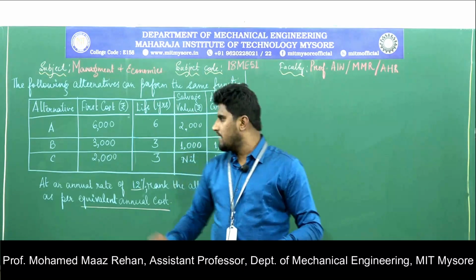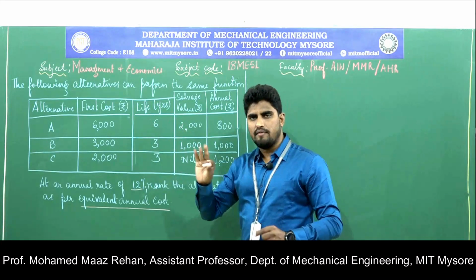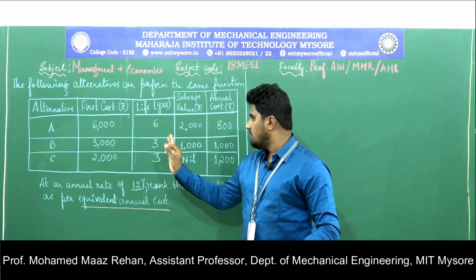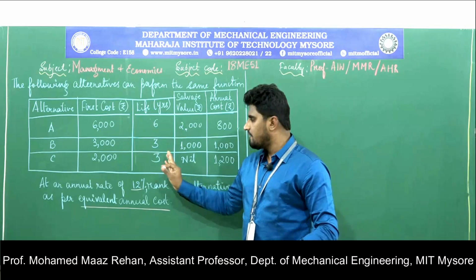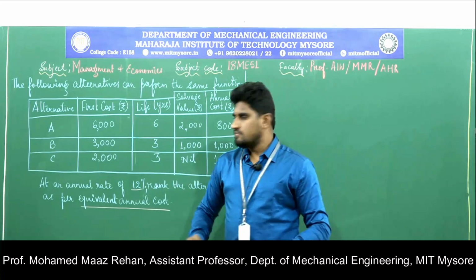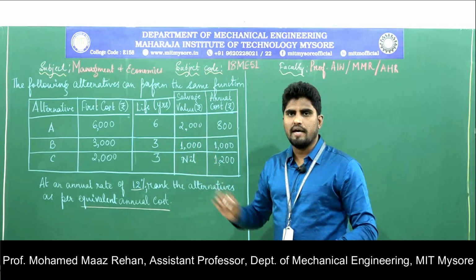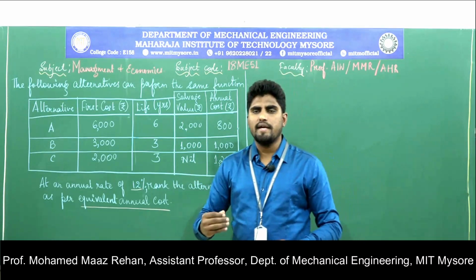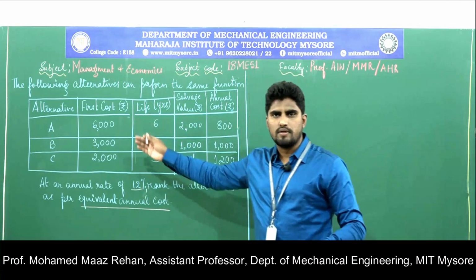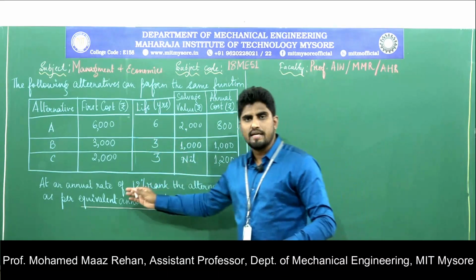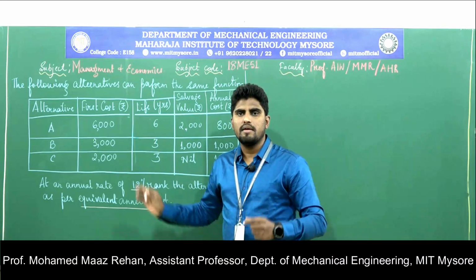In annual equivalent worth, you need not proceed with the LCM method. You can directly take the life for alternative A as 6 itself, for B as 3 and for C as 3. For the same problem, if they had asked to compare the various alternatives based on present worth, at that time you need to proceed with the LCM method.